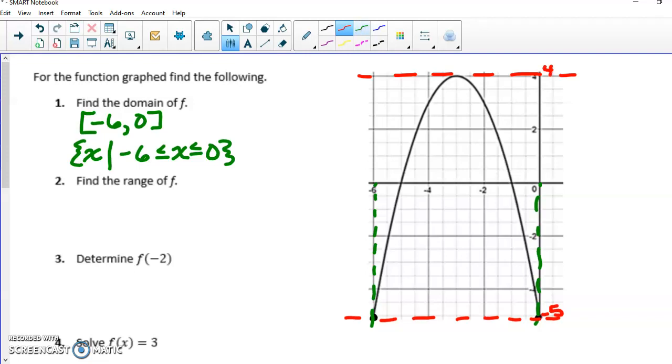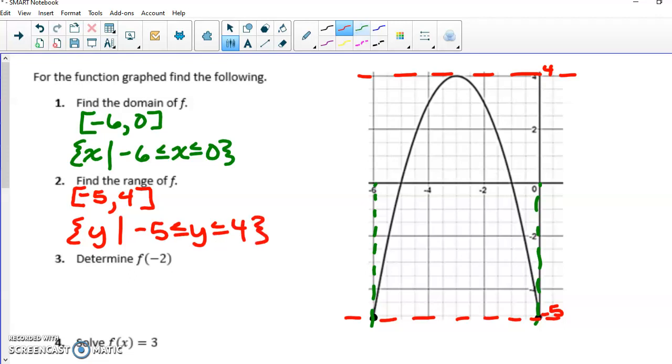So our range, again, included here because we have nothing that is an open circle allowing that to not be included. So the lowest value of y is -5, and our y values increase to 4. Of course, we can also write that as y such that -5 is less than or equal to y is less than or equal to 4.